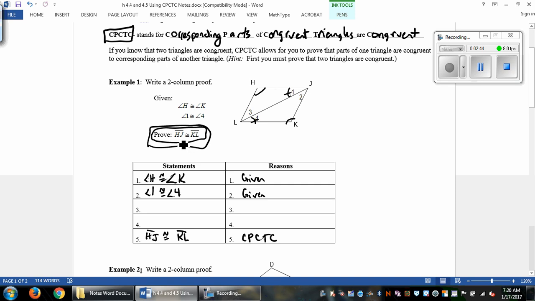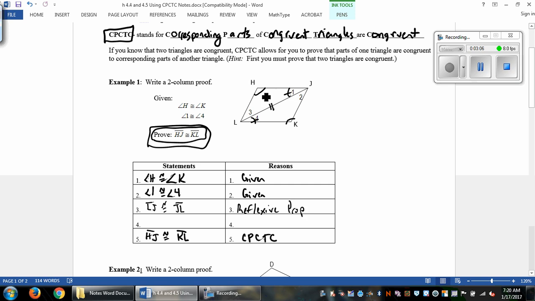Since we're trying to prove HJ and KL, we're not going to use those. And since this is a shared side, we can say that it's congruent to itself. So we will have LJ congruent to JL, and that's from the reflexive property, something we use a lot.